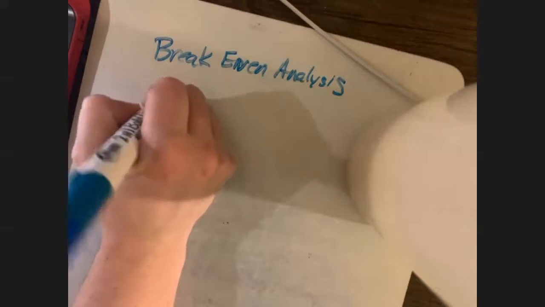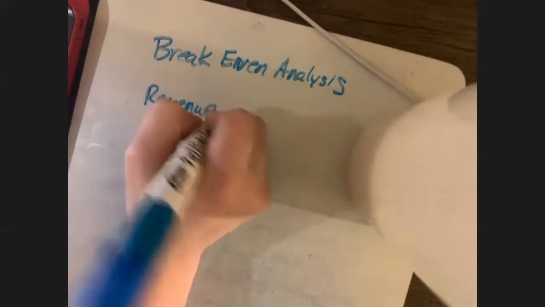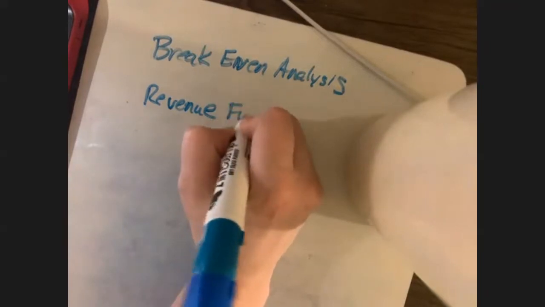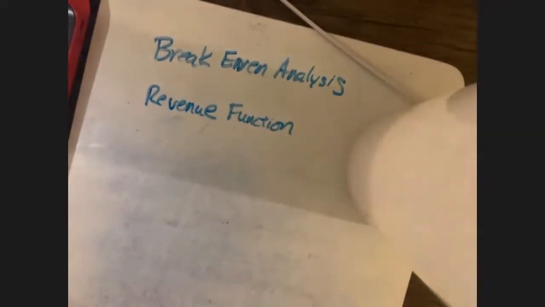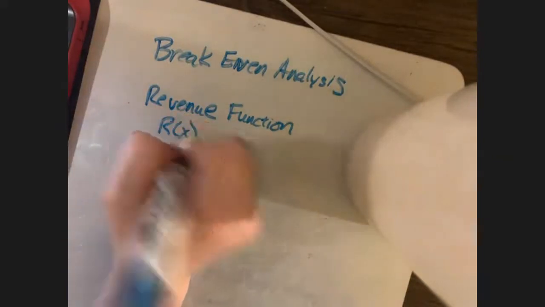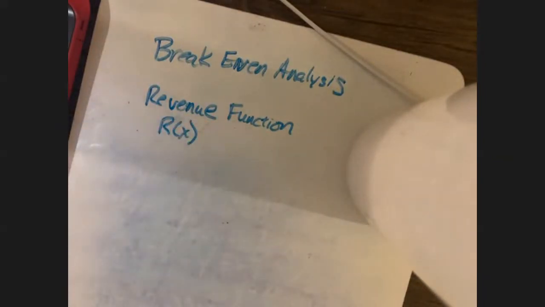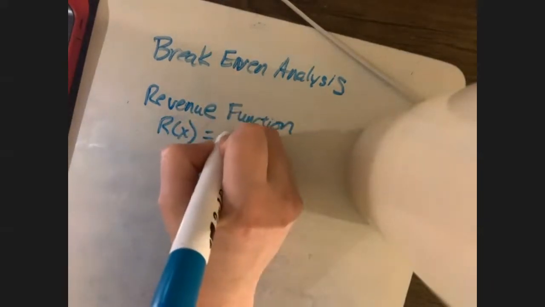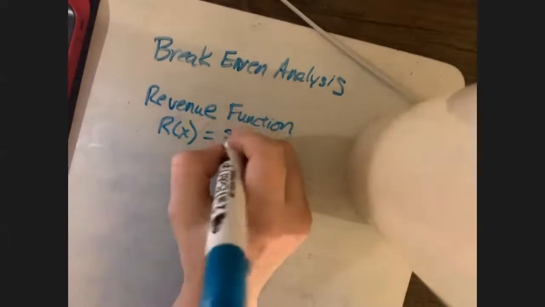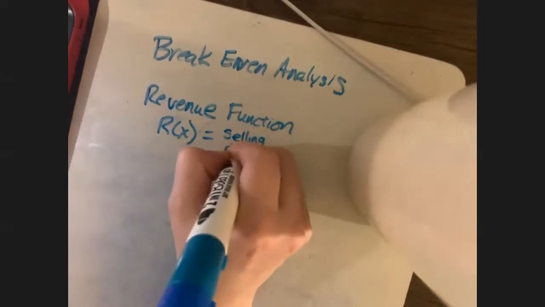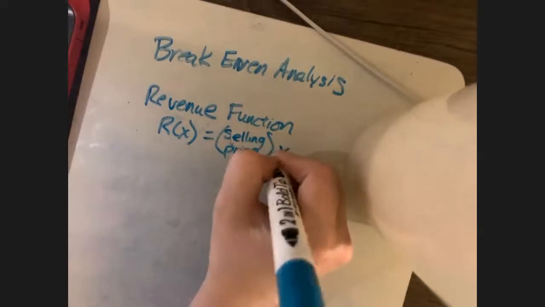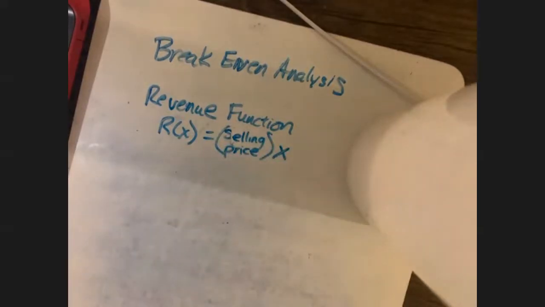Okay, this is definitely a business or economics type application thing. And so what happens here, we have a revenue function, generally written R of X. The way that we do this is, it's going to be the selling price of the object with an X behind it.